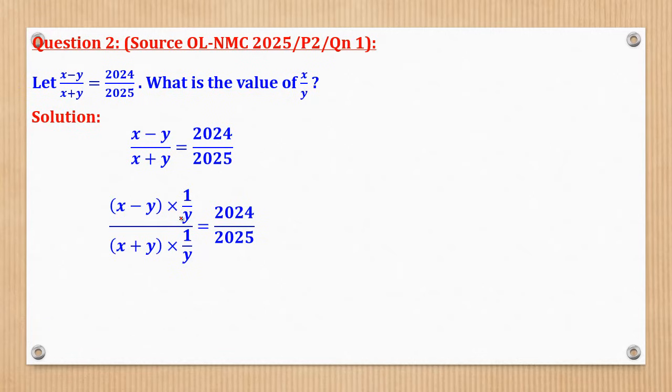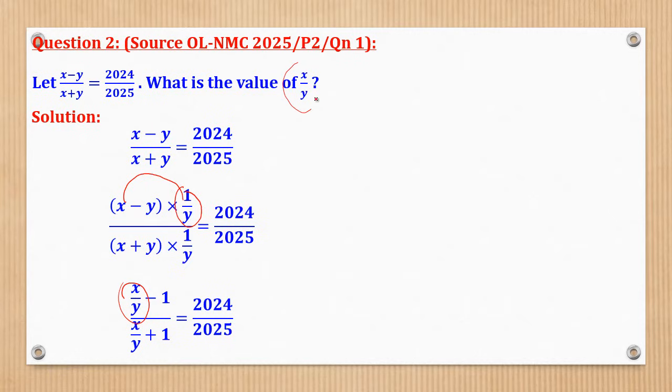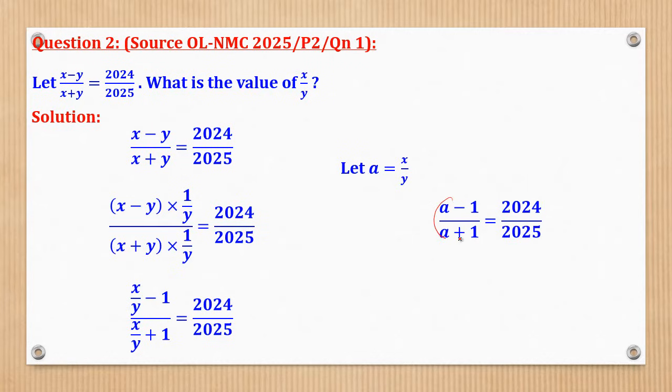When we do that, we shall come up with this. This gives you x over y, this and this gives you 1, this and this gives you x over y, this and this gives you 1. So if we let a be equal to x over y, it means that we shall get a minus 1 over a plus 1 is equal to this.